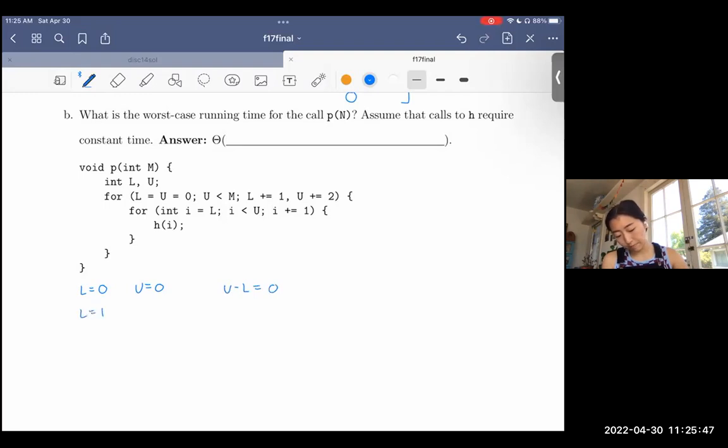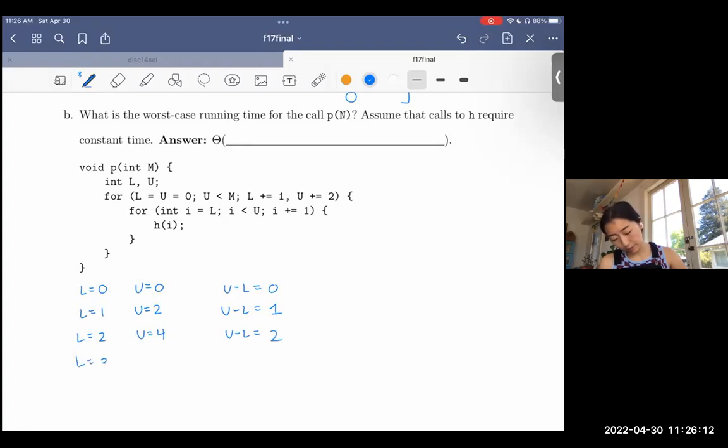Then we increment, and so L gets incremented only by 1 and U gets incremented by 2. And the difference between these two, or in other words, the number of times H is evaluated, is now going to be 1. Okay, I'm trying to figure out if there's a pattern here, so I'm just going to keep going. Again, U gets incremented by 2. And now we see H gets evaluated 2 times.